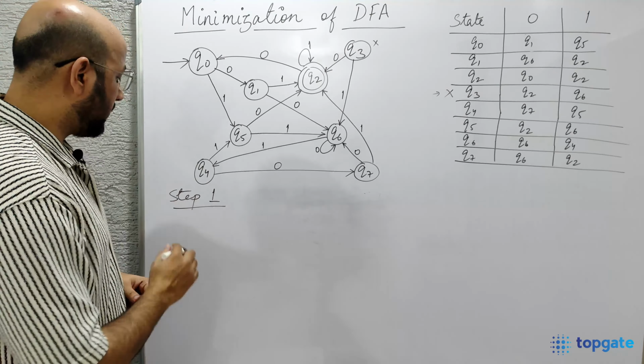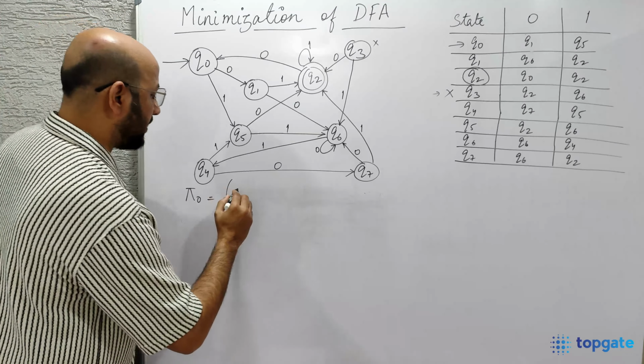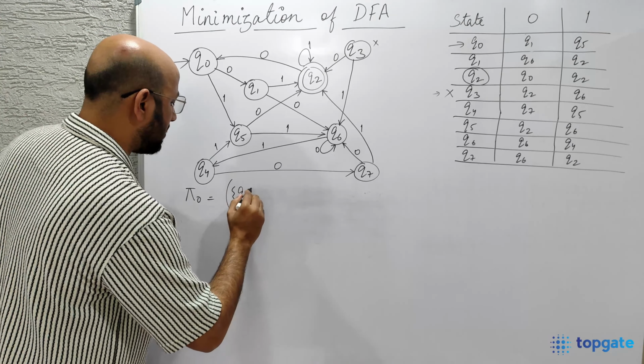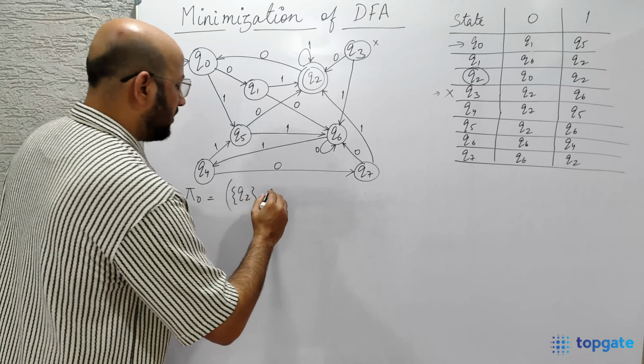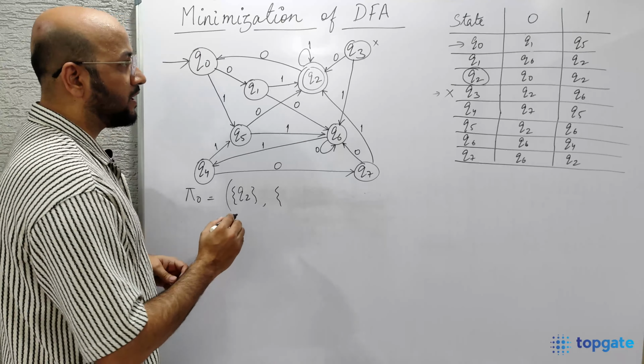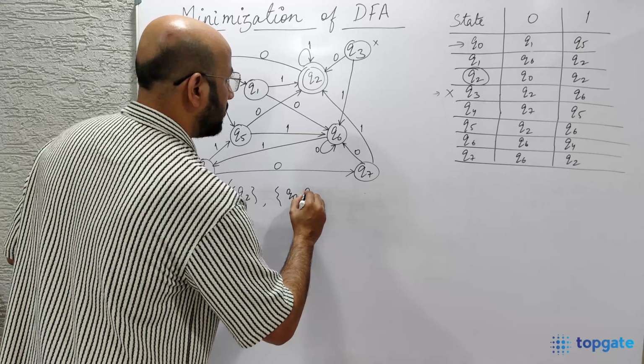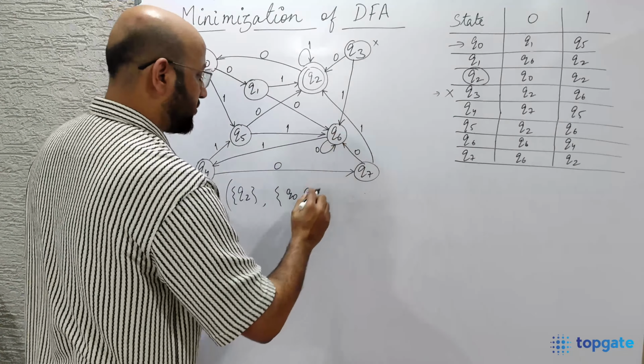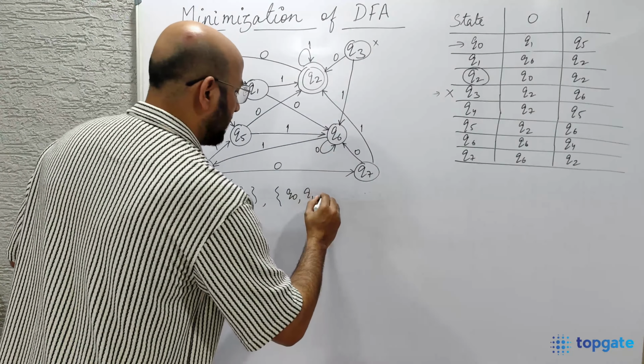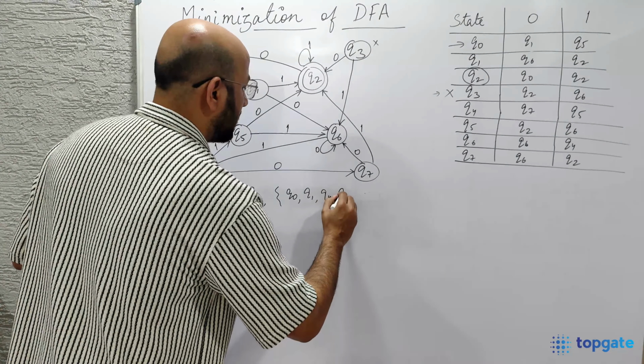So I have Q2, which is the final state, and then in the next set I have Q0, Q1, Q4, Q5, Q6 and Q7. Q3 I will not consider, because it is not reachable. Now I will call this set number 1 and this set number 2.